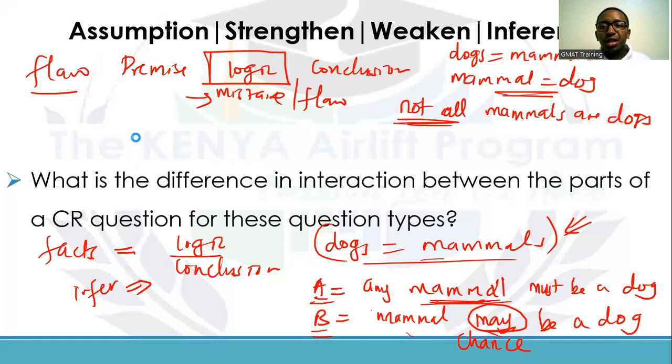So the assumption that may or may not be true now becomes kind of a flaw. But mostly these flaws are very direct, like mistaking a cause for an effect or something like that.